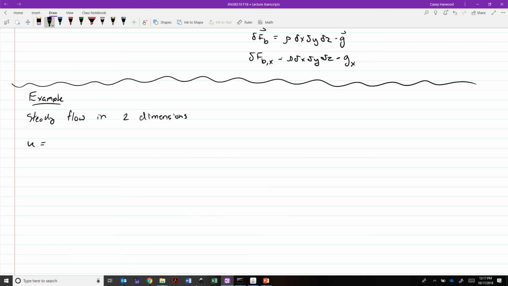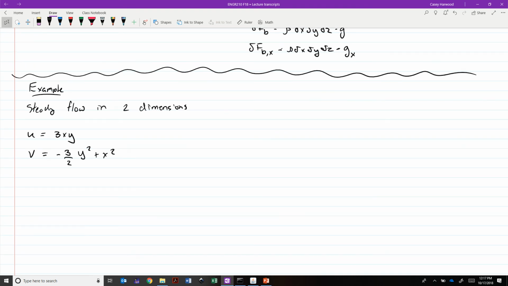u is given as 3xy, v is given as negative 3 halves y squared plus x squared. We know that in this case we'll say that g is given as negative 9.81 meters per second squared in the j direction.